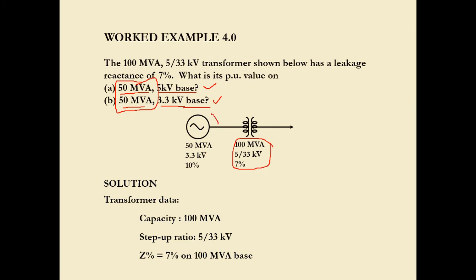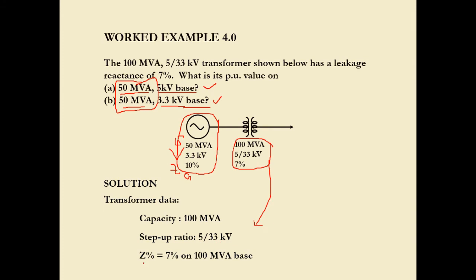Alright, this is again the information of the transformer. So we have the power over here, the V, as well as the impedance Z. So solution, transformer data, capacity. So the power capacity 100 MVA. Just put from here, right? This is the voltage step up ratio, 5 to 33 kV.